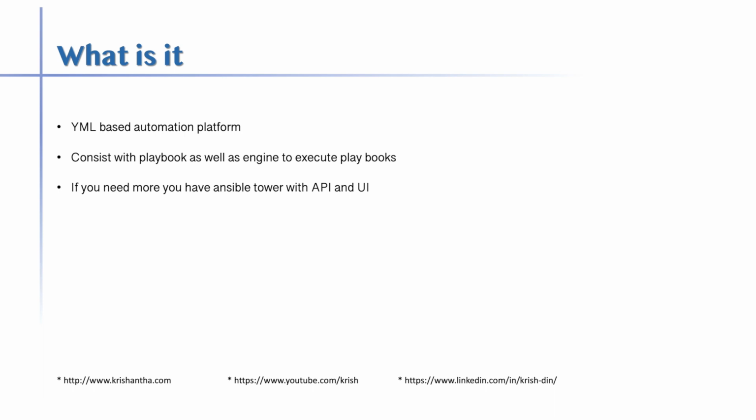What is Ansible? Ansible is a YAML based automation platform. It consists of the playbooks as well as the engine to run the playbooks, right? If you need more, you have Ansible Tower, which is not strictly necessary, but Ansible Tower is a nice thing. It has some APIs and UIs.